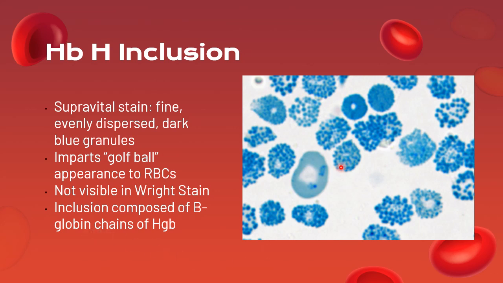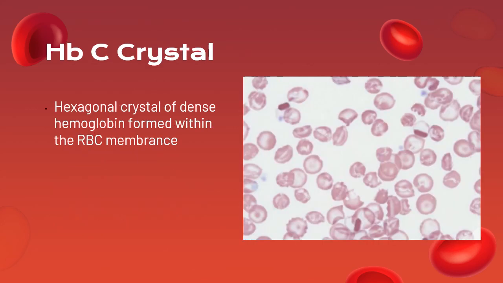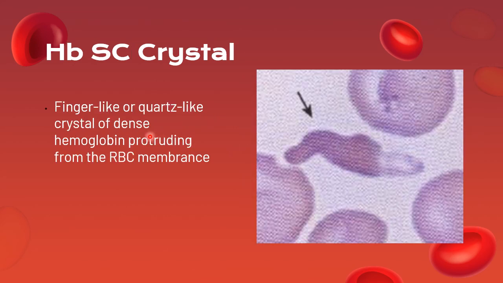Okay, so this is composed of the beta globin chains of hemoglobin B. Okay, hemoglobin C. Hemoglobin C naman are hexagonal crystals of dense hemoglobin formed within the RBC membrane. Hemoglobin SC are finger-like or quartz-like crystals of dense hemoglobin protruding from the RBC membrane.